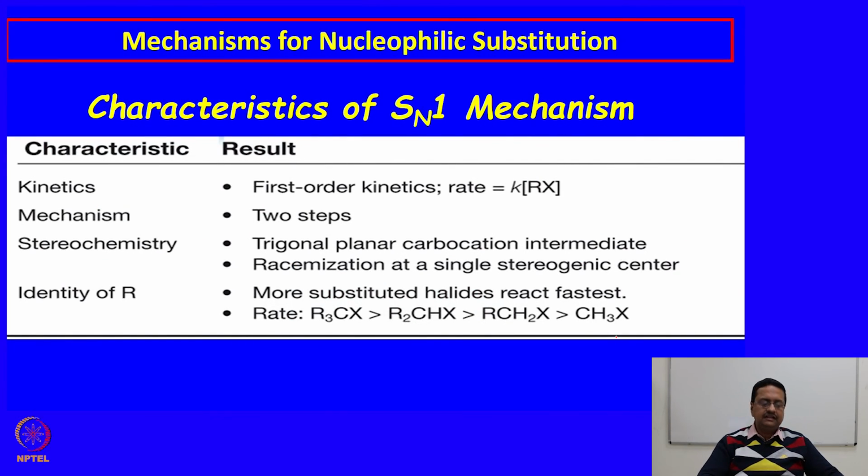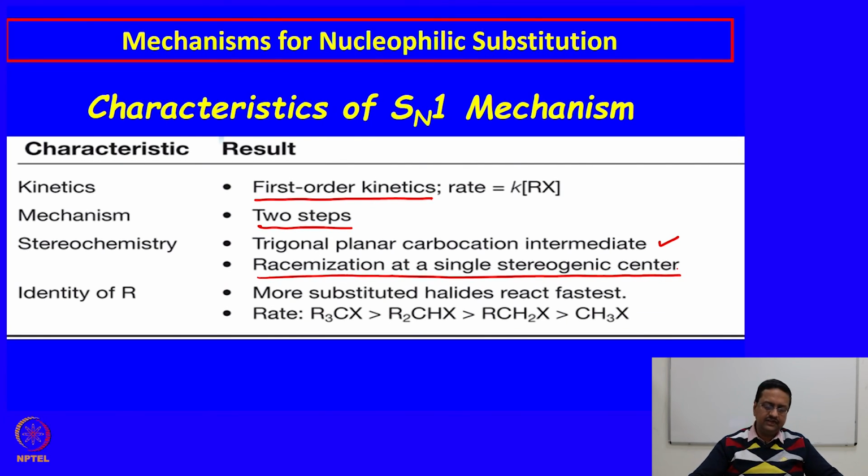So, to summarize the characteristics of the SN1 reaction, it is a first order reaction, it has 2 steps, it forms a trigonal planar carbocation as an intermediate, and it goes through a racemization process. So, the stereocenter gets racemized and more substituted alkyl halides react faster.